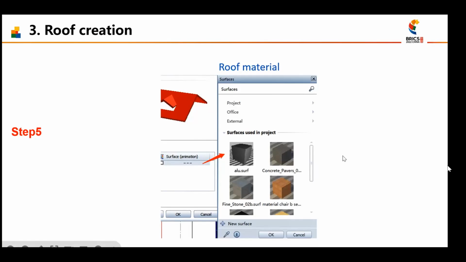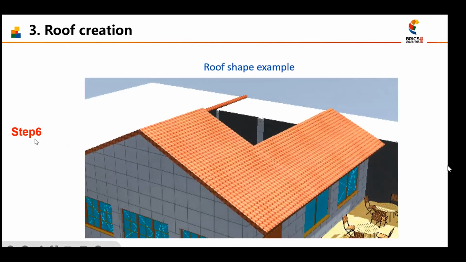You can choose what you want or the project given. The sixth step, there is a roof shapes example. You can draw the roof as the figure or create what you want as shown.